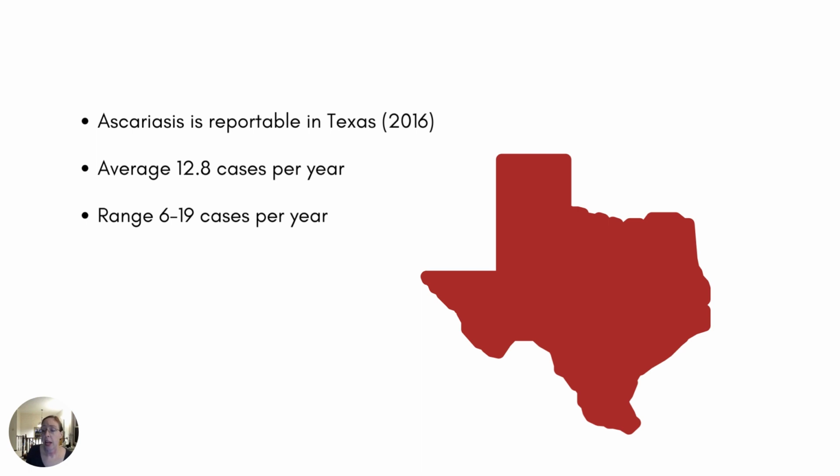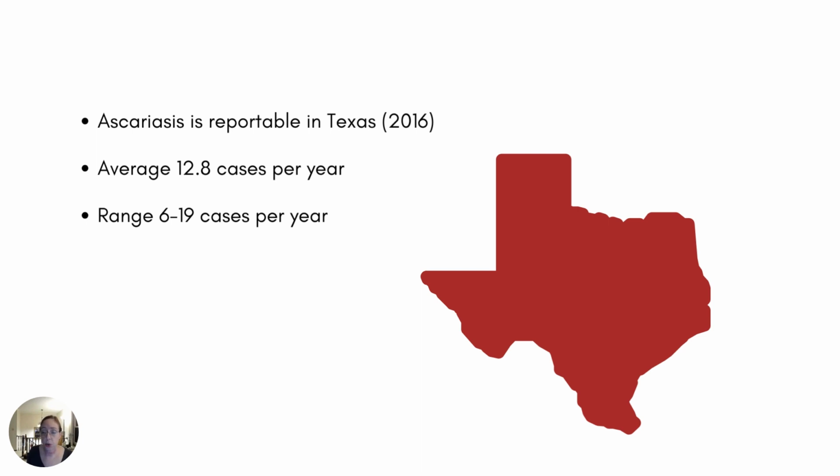But in 2016, Texas made ascariasis a reportable condition. So this does give us some data to look at, which is kind of nice. Texas averages 12.8 cases per year. So it's normal for them to get about 12 to 13 cases of ascariasis a year, and the range is anywhere from 6 to 19 cases.